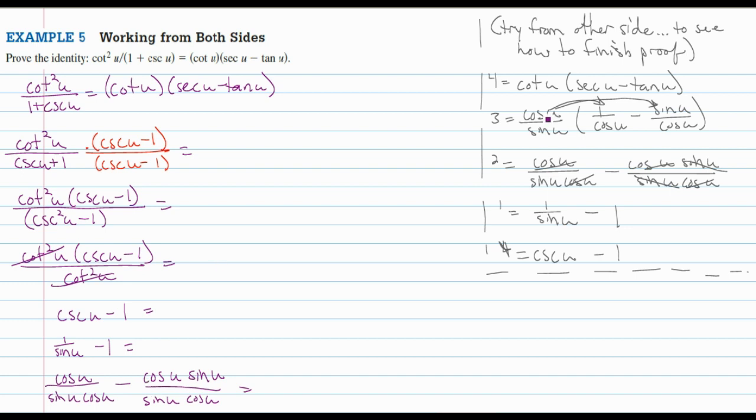So my next step, instead of distributing in like I did in my scratch work, I'm actually going to factor out the cosine over sine. So my next step will look like this one here, cosine of u over sine of u times 1 over cosine of u minus sine of u over cosine of u.